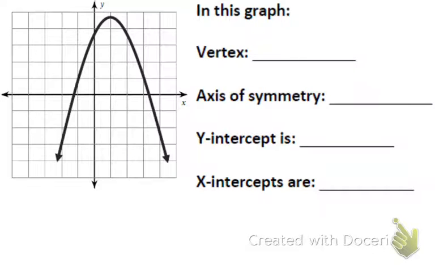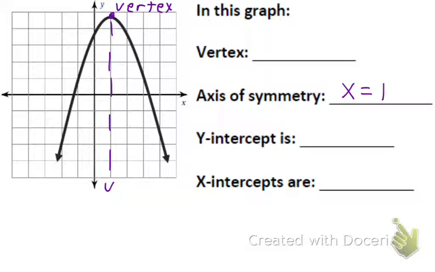For this particular graph, it's really hard to spot the vertex. The vertex would be right here. So that's where the vertex would be. The axis of symmetry, that is one that we could write easily. That's x equal to 1, so a vertical line.